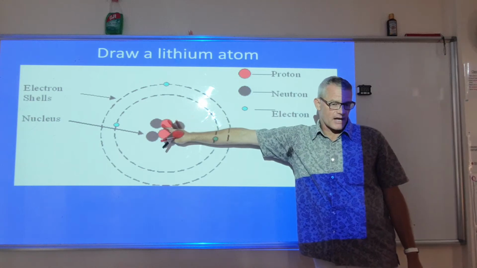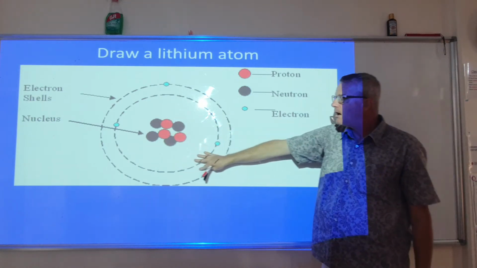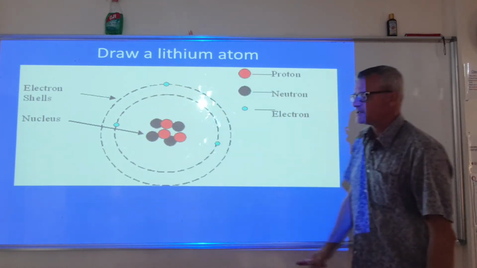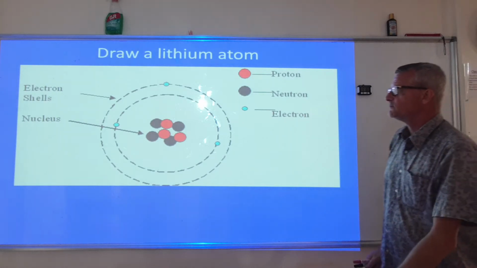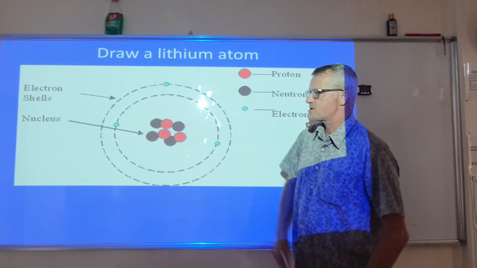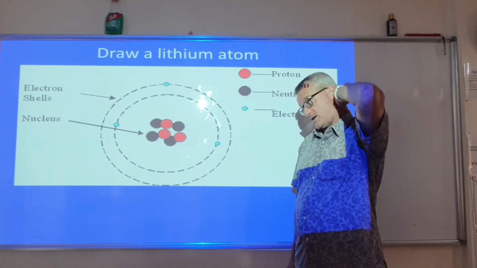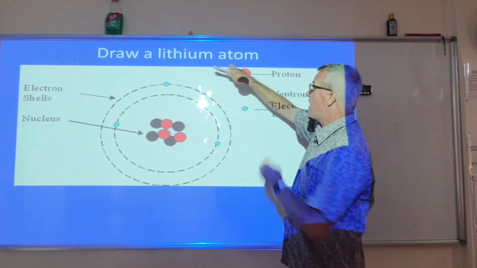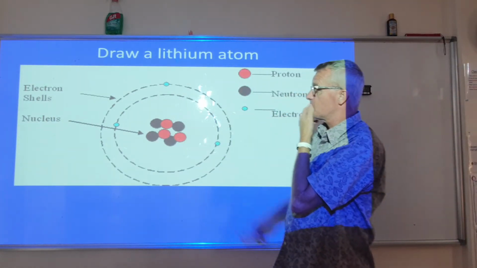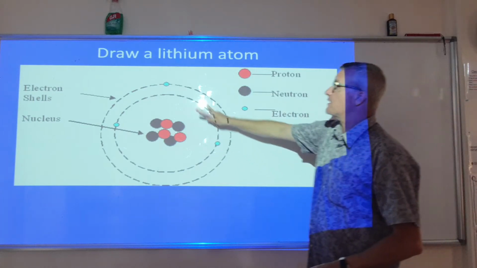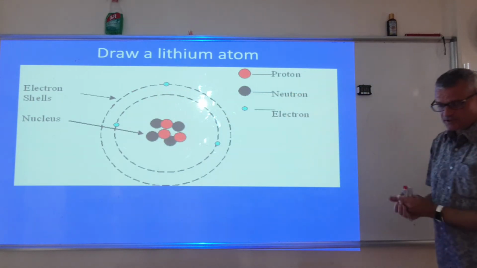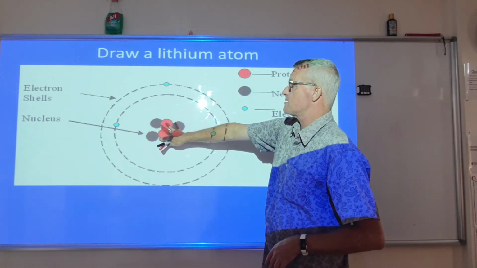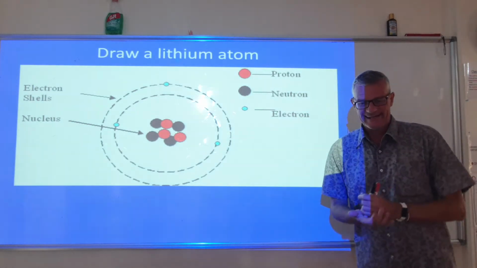Later on, they developed models about how electrons behaved around the nucleus. Chemistry students, you must know about electron shells or even orbitals. So we have the protons, 3 in this case, and we have 3 electrons, meaning it's neutral, and later they also discovered the neutrons, which we'll talk about later.